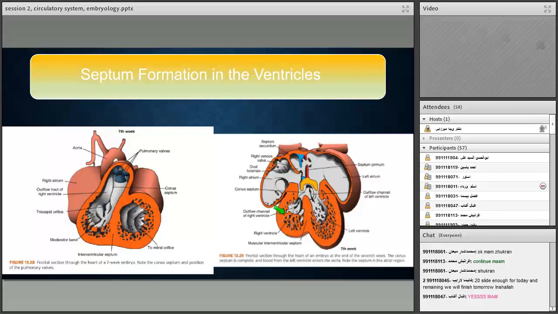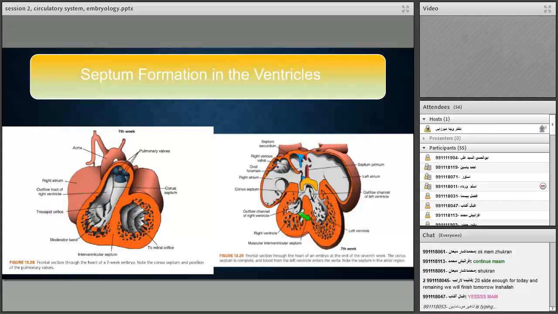The interventricular septum will form in this way. I mean, we have two chambers, left and right ventricle, on each side of the interventricular muscle. They are growing, and this part remains ungrown, forming the muscular part of the interventricular septum.